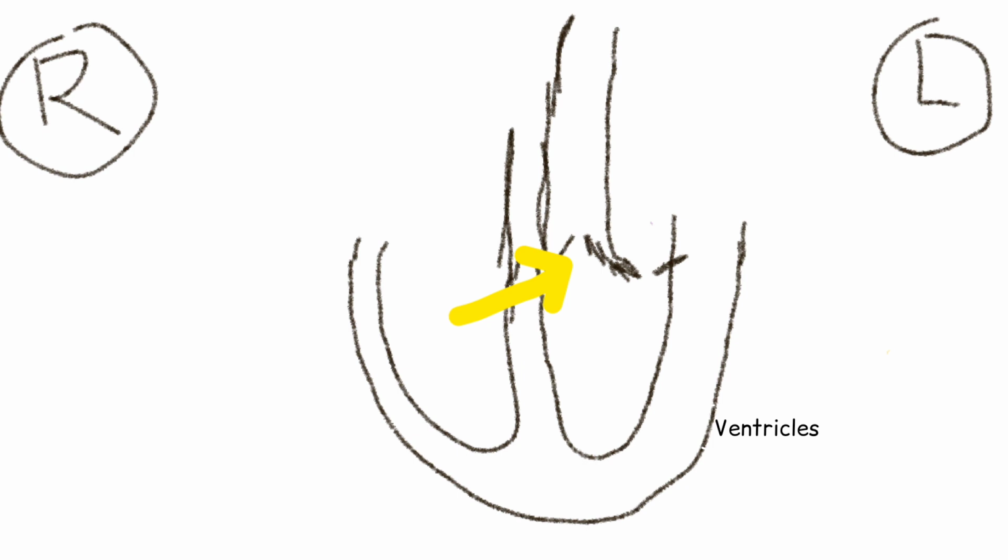Now the top chambers have a much thinner muscular wall, so the muscle becomes thinner at that point. You can probably see here that we are starting to draw an additional chamber, one of the top chambers, the atria, and draining into the atria there are four large veins.